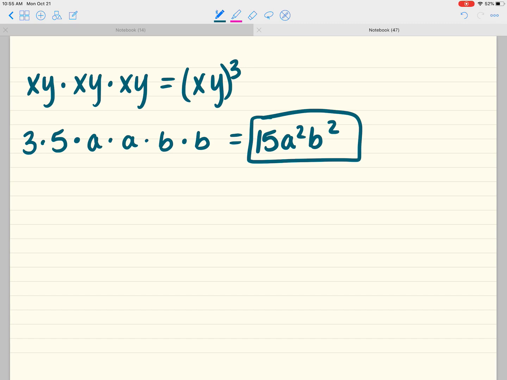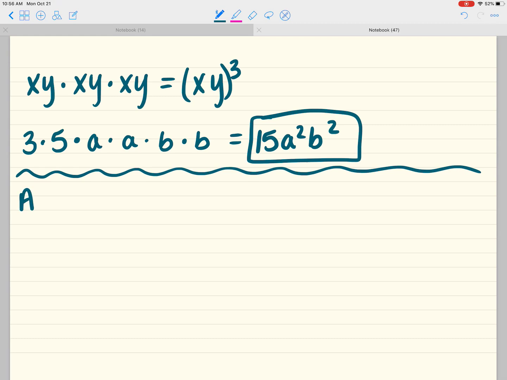You'll know because these first problems just ask you to write using exponents. On the other ones, it'll tell you to evaluate, and that's when you'll actually solve. So we'll do some of that in a second.